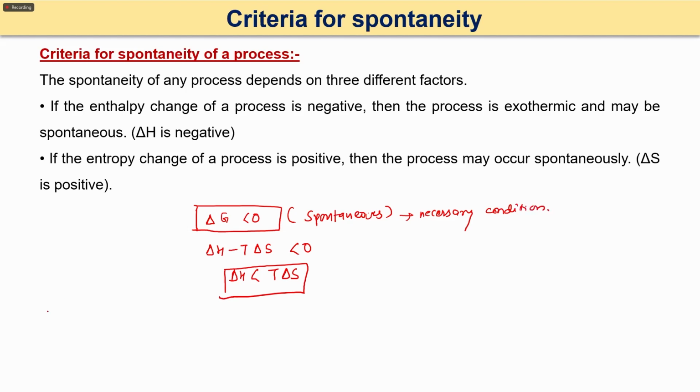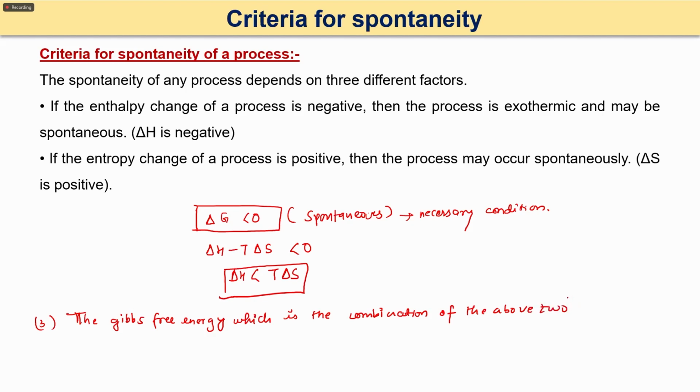Okay, so I will write the third condition over here. That is the Gibbs free energy, which is the combination of the above two, that is delta H and delta S, and it should be negative for a reaction to occur spontaneously.